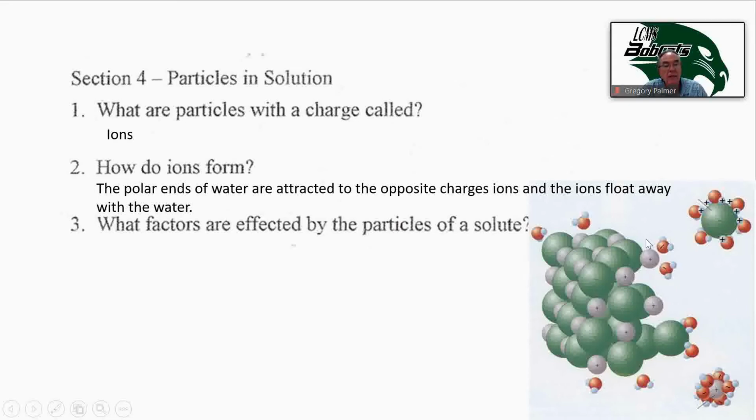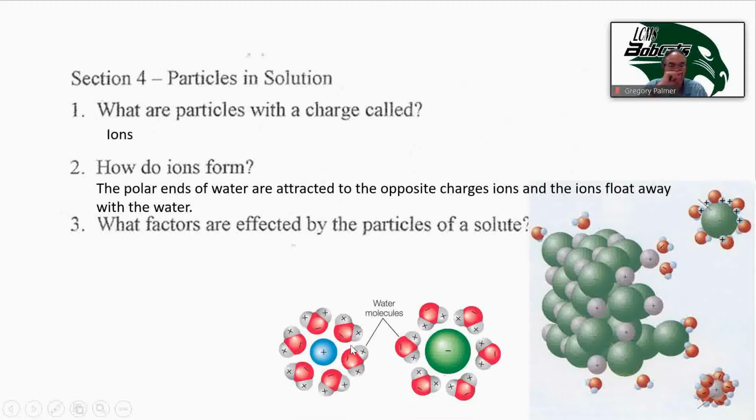So because it's now canceled out, it's no longer attracted to the chlorine over here, so it'll just float away with the waters like this one did down here, and this chlorine did up here with the positive ends of the water surrounding it. So it kind of makes its own neutral particle, you can think of, as it ionizes and floats away.